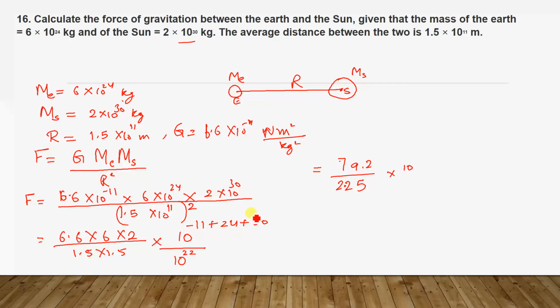Yes, 24 plus 30 minus 11. So I have got 43, and in the denominator it is 10 raised to power 22.